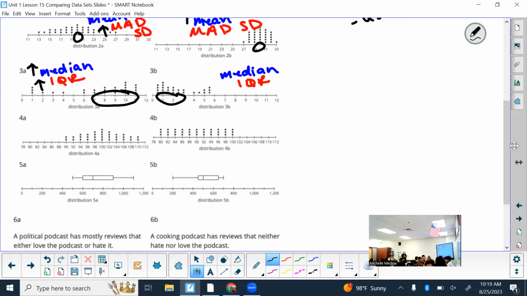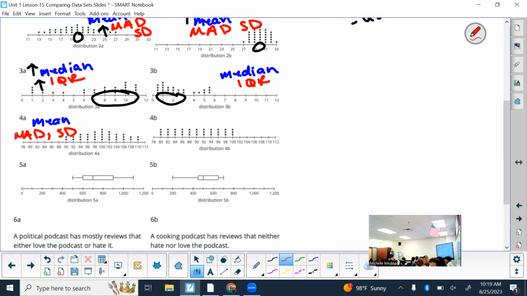Now, table 8 for A, mean or median? Mean. And then what for the spread? That and standard deviation.